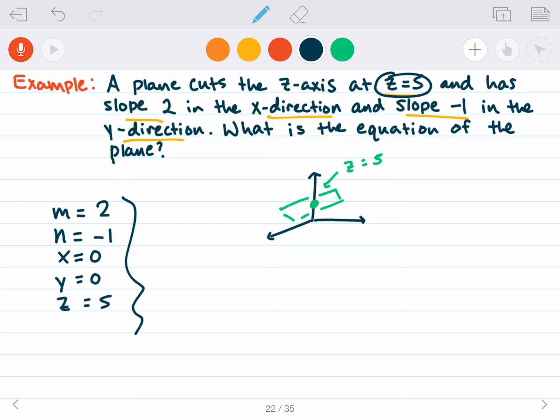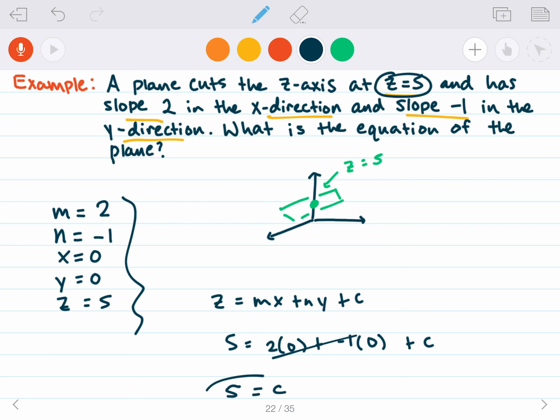If we plug all of this into our basic equation, z equals mx plus ny plus c, we get 5 equals 2 times 0 plus negative 1 times 0 plus c. Solve for c, and we get c is equal to 5.